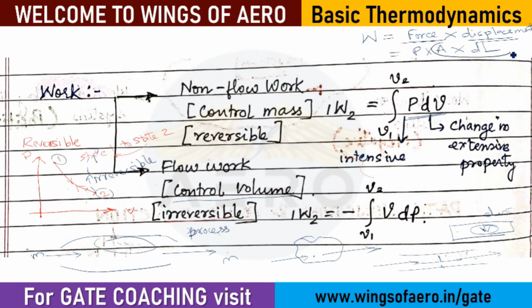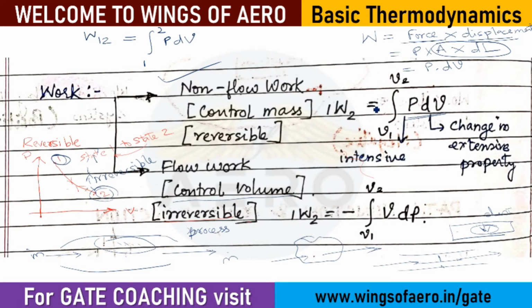Now if I combine this area and change in dl, can I say P into dV, pressure into volume? So in the non-flow process, if it wants to move from state 1 to 2, we write W12 equals integral from 1 to 2, from the initial to the final state, of P dV. So this comes under non-flow work.